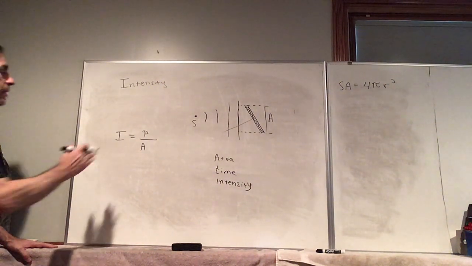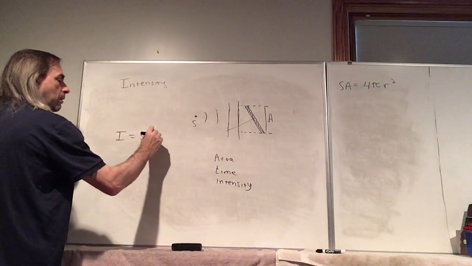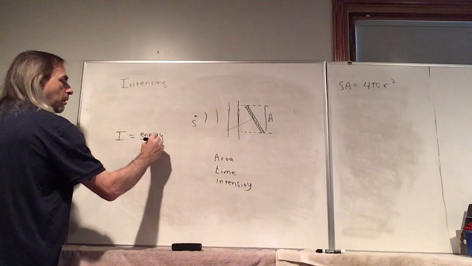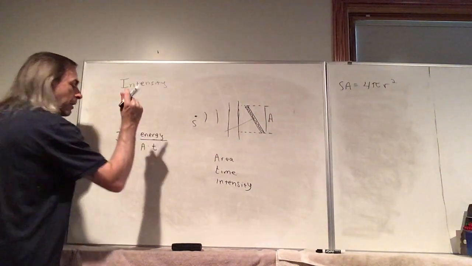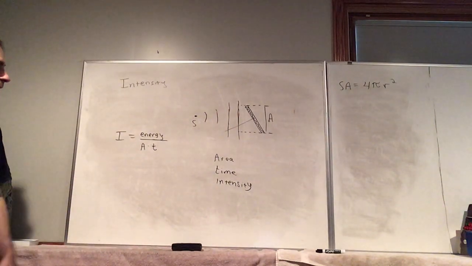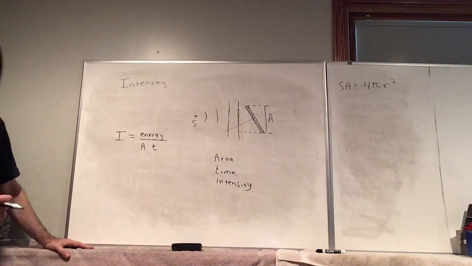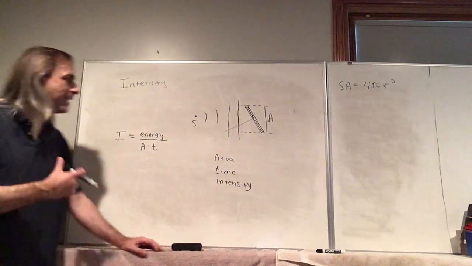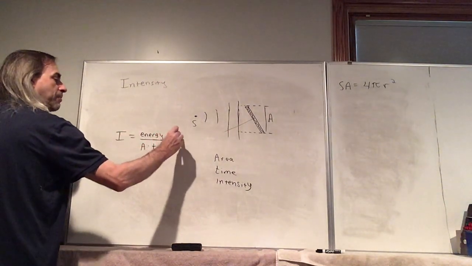So basically, we could say the energy delivered. Now, the energy depends on the area and time. So if we divide by the area and the time, then we're removing those. And so the intensity is just a property of the wave itself. And energy over time is power.